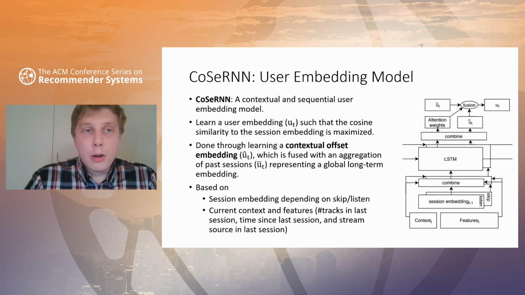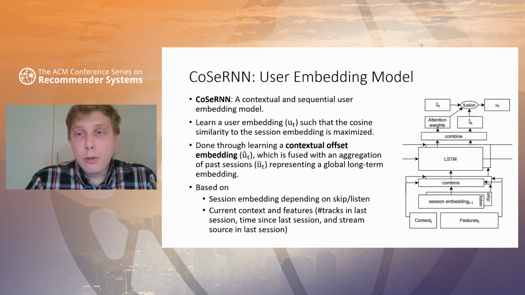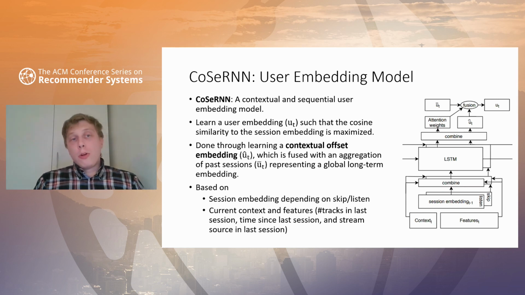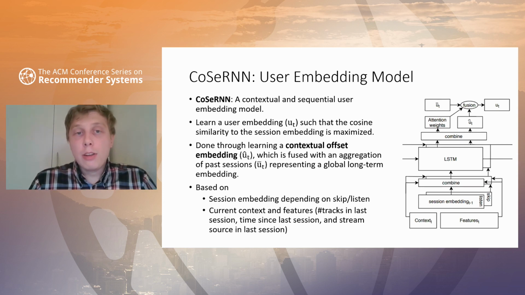We call the model COSINN, which stands for contextual and sequential RNN, so recurrent neural network model. What this model is supposed to learn is a user embedding such that at a given time point, the cosine similarity between the user embedding and the session embedding is maximized.